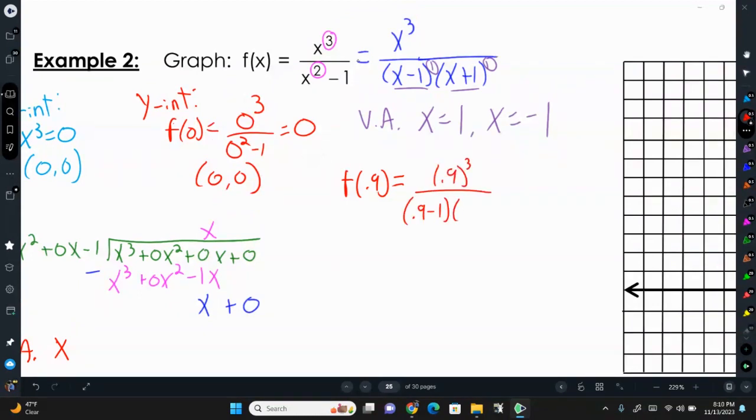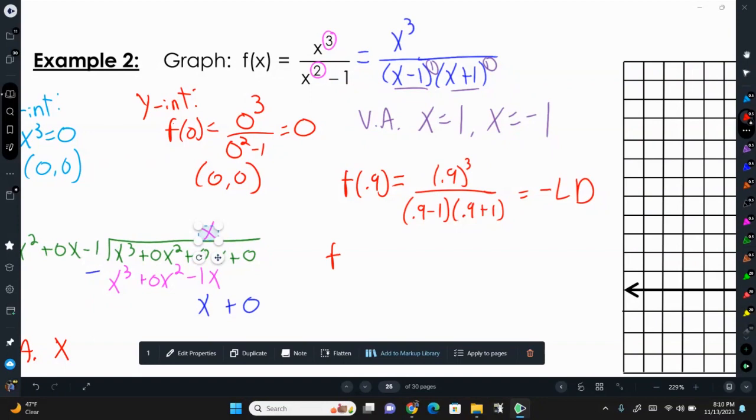All right, so I substitute in 0.9. Well, the numerator is going to be positive. The denominator is going to be negative because we have that 0.9 minus 1. So that's going to be negative, which means the left side goes down. Then we have f of positive 1.1.